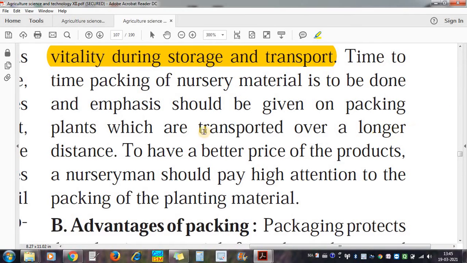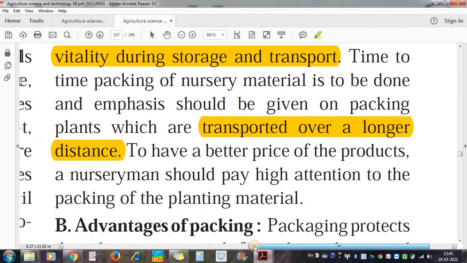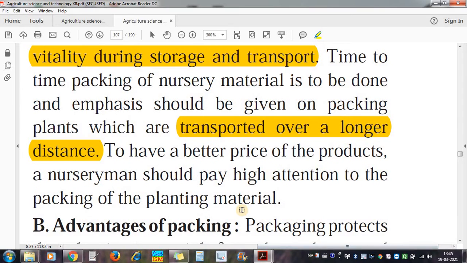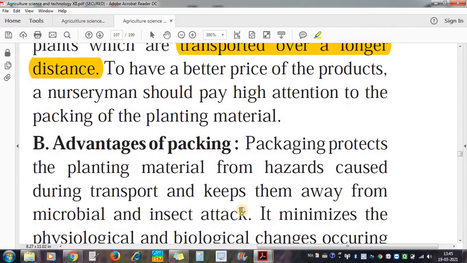This depends upon whether it is to be transported a long distance or a short distance. If we are transporting a short distance, then we can use cheap material for packing. But if it is for a long distance, then we have to use better quality products to get a better price for the product. So the nurseryman can get a good benefit.